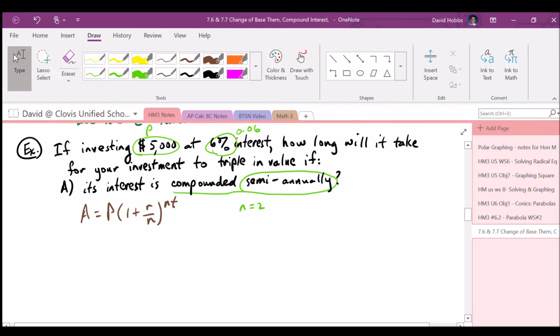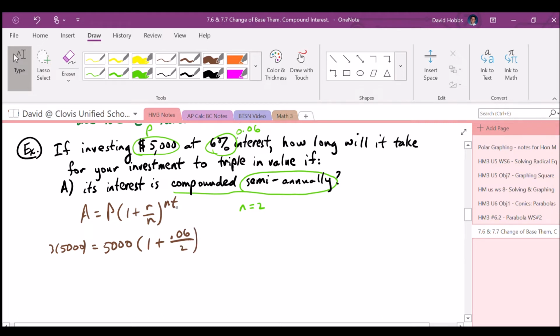Okay, so let's start plugging some things in here. So we've got principal is $5,000. And by the way, we're tripling it in value. Triple 3 times. 3 times 5,000. And we've got 1 plus R, 0.06, over N. N is the number of compoundings per annum, so 2.